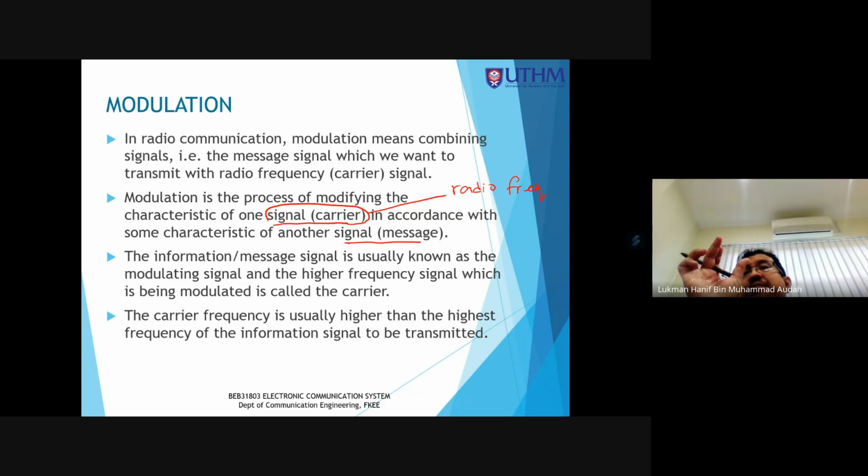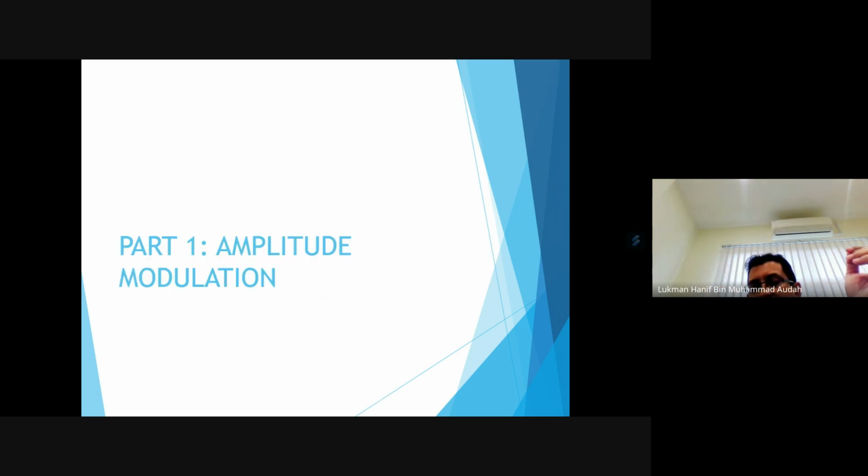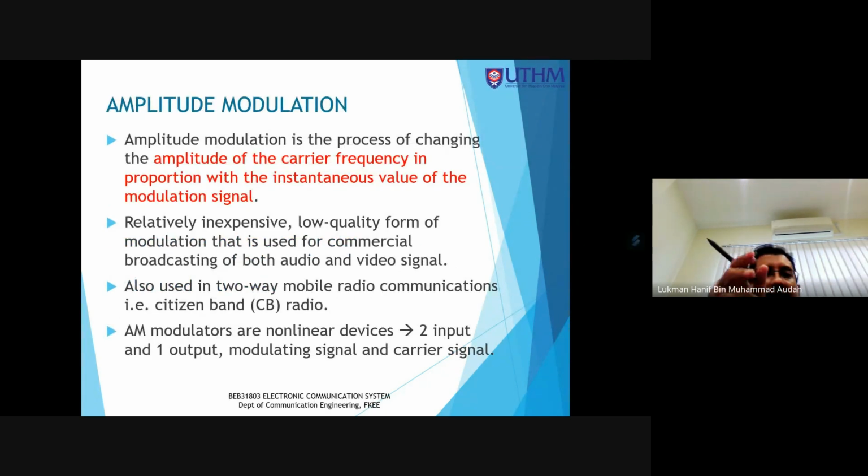For AM, the range of frequencies is between 576 until 1605 kilohertz, if I'm not mistaken, according to the standards. For FM, the radio frequency range is between 88 megahertz until 108 megahertz. So that's for the FM transmission. AM is used for many kinds of applications.